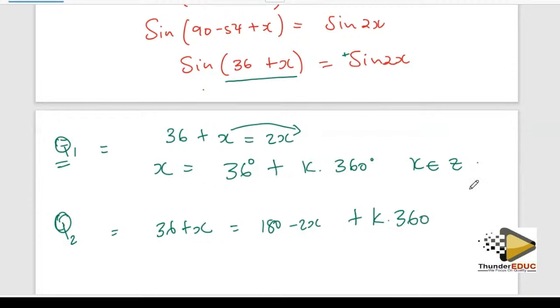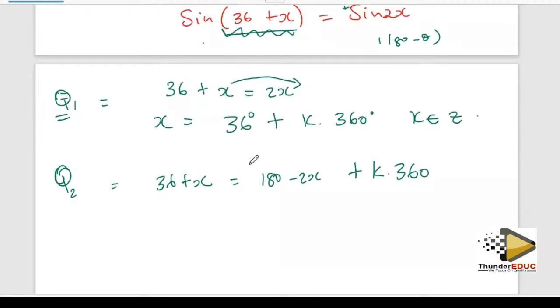I'm just writing the solution. If this is my reference angle, then I'll have my 180 minus theta in quadrant number 2, where my theta is 2x. Can I use 36? I can, no problem, but it's going to cause me troubles. So I would rather stick to the 2x here.